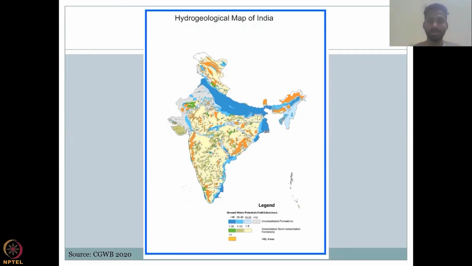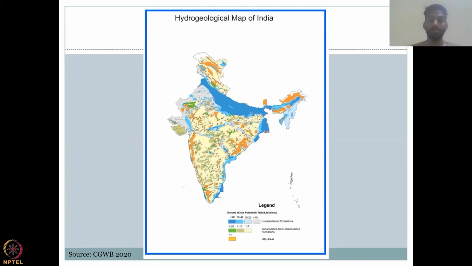And then you have consolidated and semi-consolidated formations along the inner part or the central part of India, where you have some confined units, some permeable layers on the top, and then an impervious layer. So there is some confining of aquifers and also semi-confined, which means the formations are not as rigid, so water can be stored.